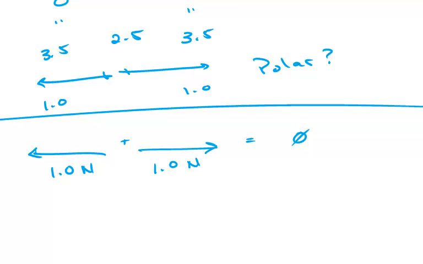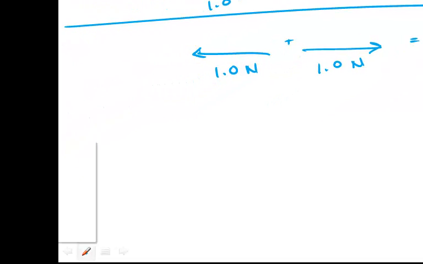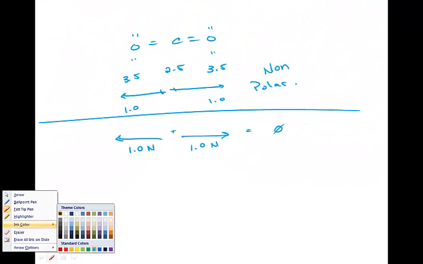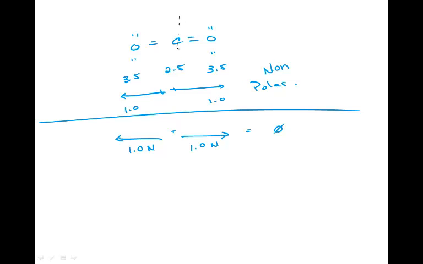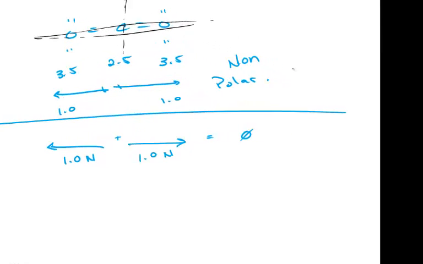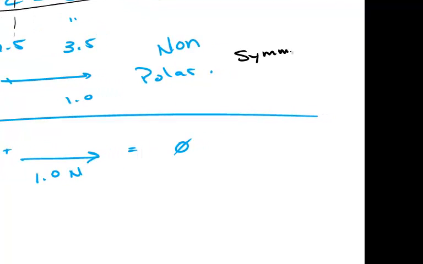Each oxygen atom is going to pull on those electrons, but that pull is equal and opposite. So this is going to be a nonpolar molecule. If you look, carbon dioxide is symmetrical this way and this way. So this is a nonpolar symmetrical molecule, even though the electronegativity difference is greater than 1.